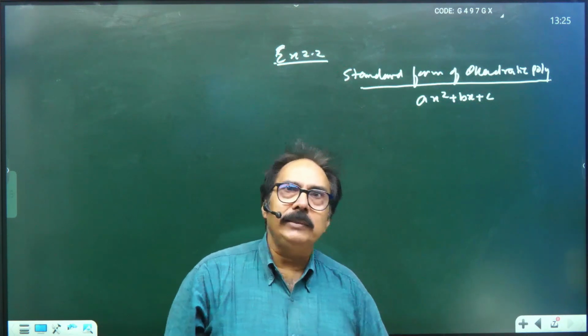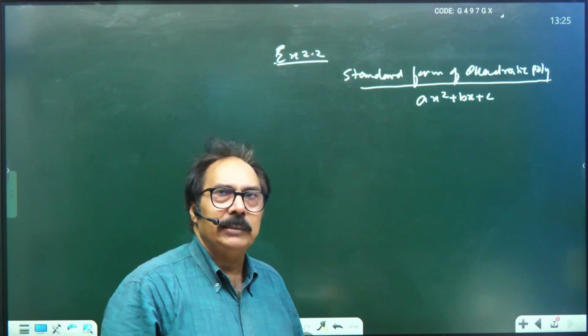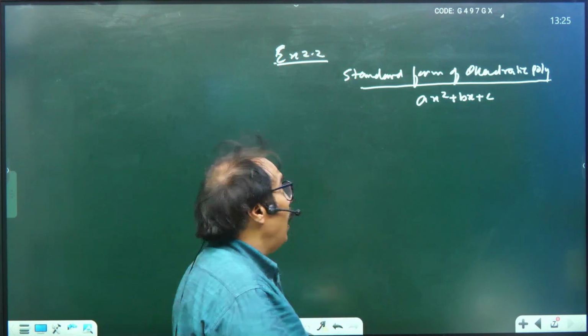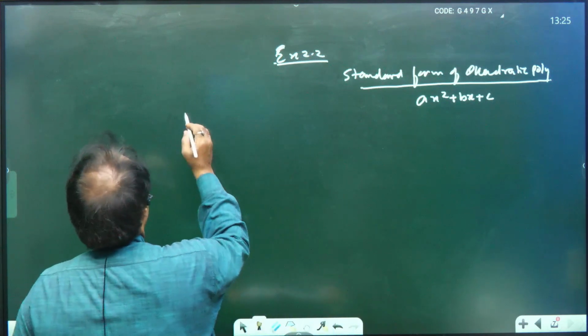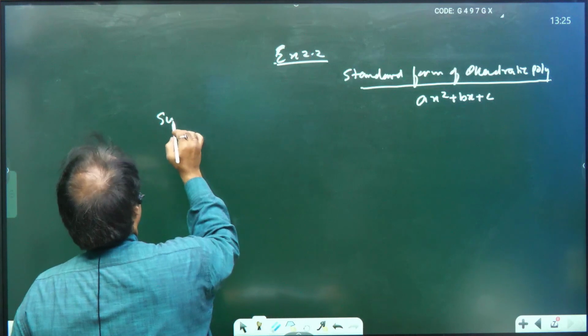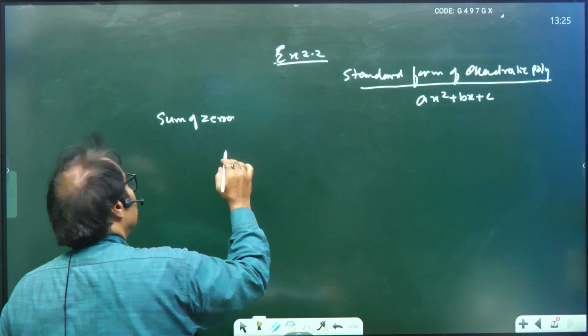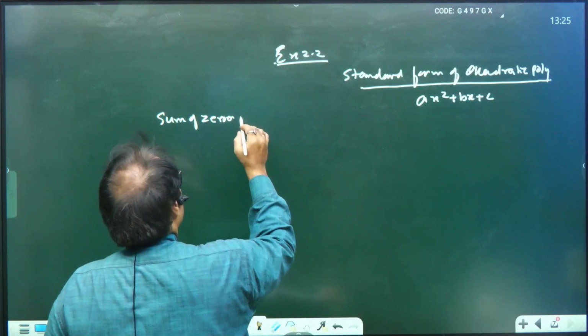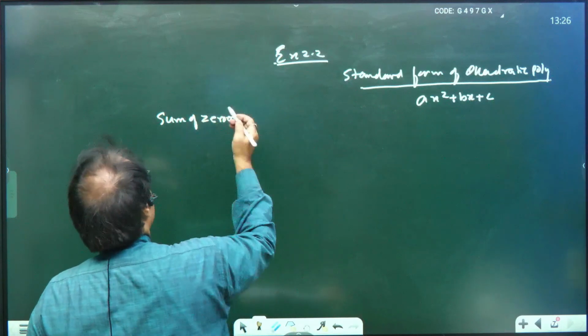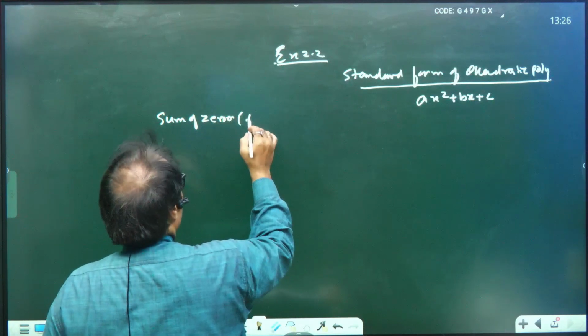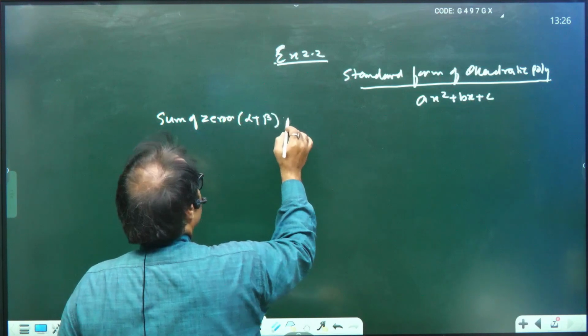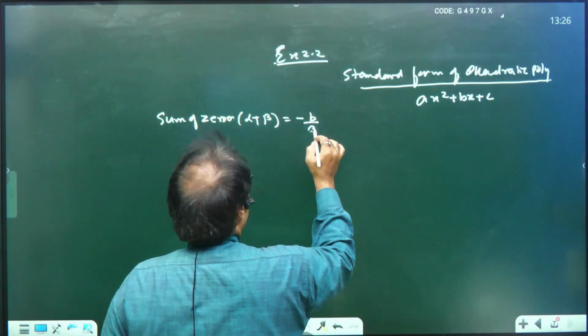And after getting the zeros, we will find it with the relationship. And what is the relationship? Sum of zeros, say alpha and beta, okay, let alpha and beta are the zeros, alpha plus beta is equals to minus b upon a.